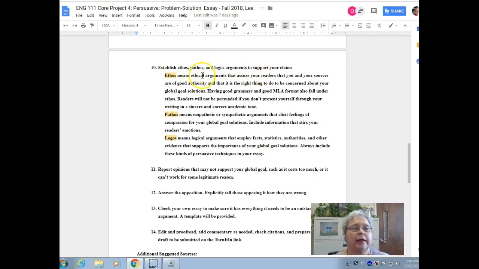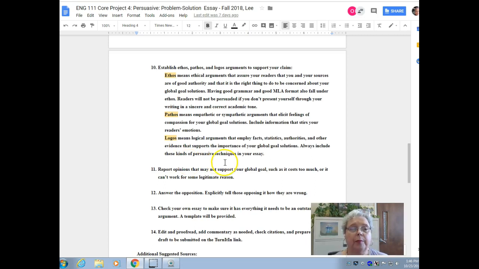One of the things that you need to do when you're trying to persuade or convince other people to believe that your goal is one that should be addressed, that it is an important problem that the goal is addressing, and convince them that your solutions are good solutions.